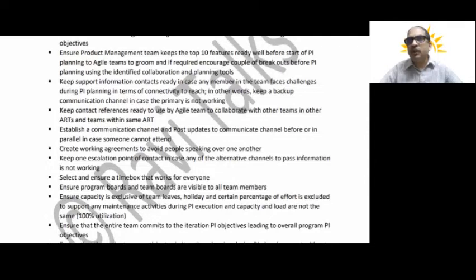So my suggestion is, before you get into the PA planning, at least have the capacity available, so that you will have a broader view of how many features or user stories you can commit from the team perspective.